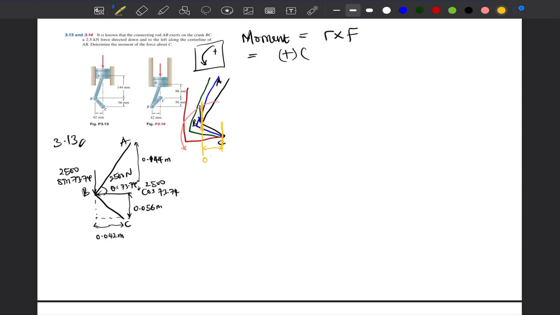So we can see here 0.042. Now that's going to be our distance. I'm going to write it here, 0.042. Then I'm going to write our force. That's 25 sine 73.74.